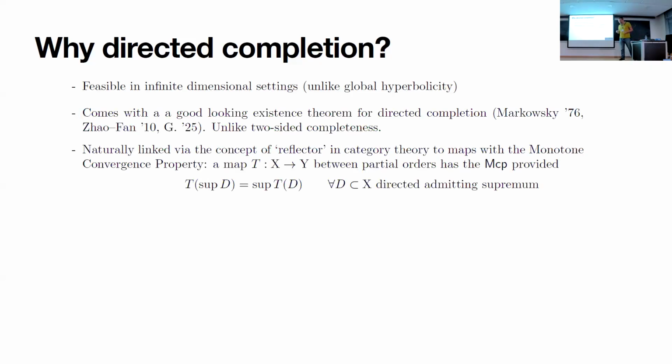Now, why directed completeness? Why am I asking for the existence of just directed suprema, and not both directed suprema and the dual notion of filtered infima, so that every filtered set, a directed set going down, has an infimum? First of all, for this notion there is a nice existence result for what concerns a completion procedure.